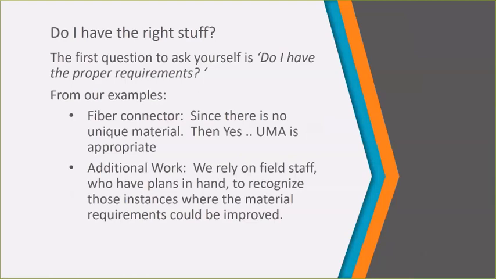If, on the other hand, you have a requirement for additional work, know that we're going to rely on you, since you have plans in hand, to recognize what that additional work entails. Sometimes it might be for a material that is known to Site Manager, say it's for pipe or for reinforcing steel or for concrete work. In that case, we can update the material requirements for that particular line item so that you get the materials that you need.